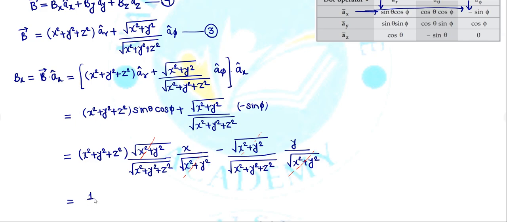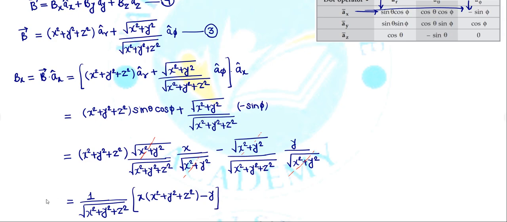So I'm going to write it over here, which we have taken common out of the bracket. So that will be square root of x square plus y square plus z square that we have taken common. And what is left now? So we are left with this x into x square plus y square plus z square minus this y.